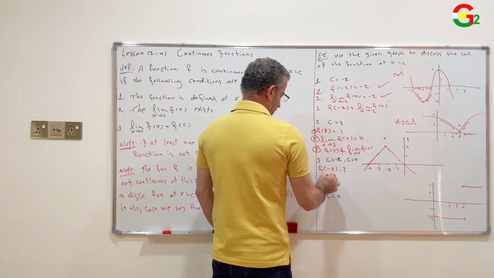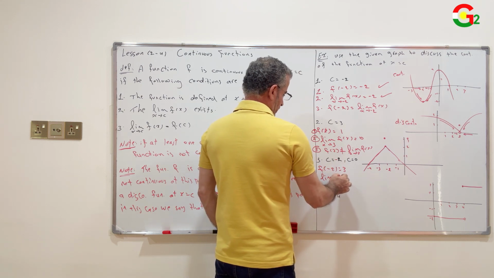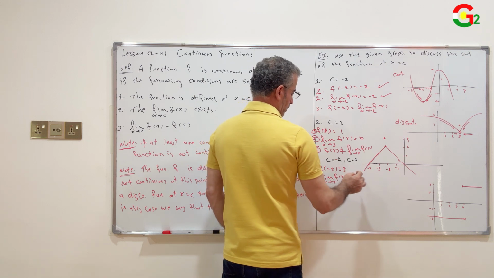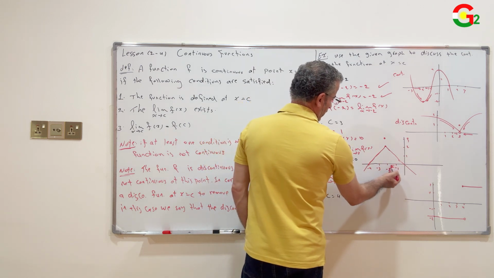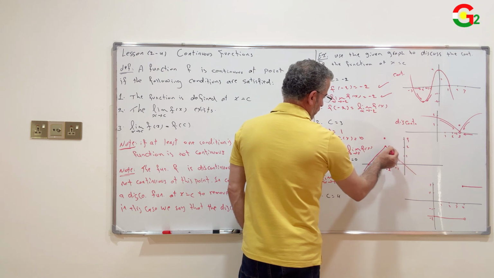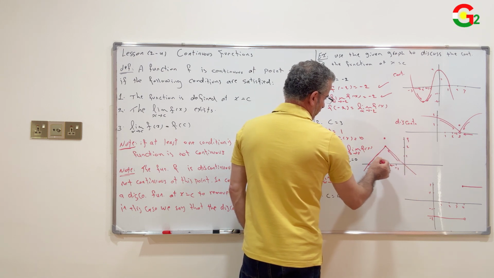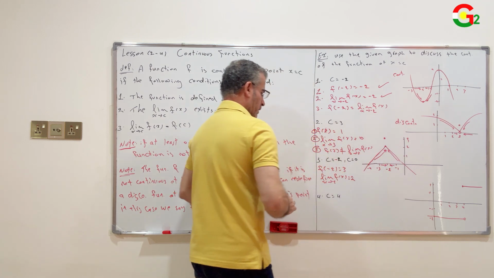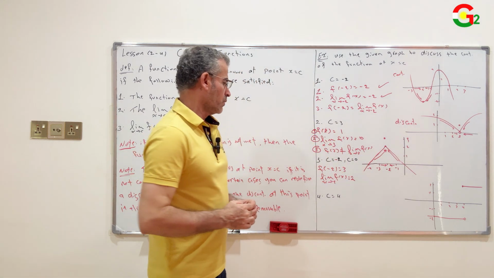The limit of the function when x approaches -2 from the right, the function goes to 2. And from the left, also the function goes to 2. Then the limit is 2.